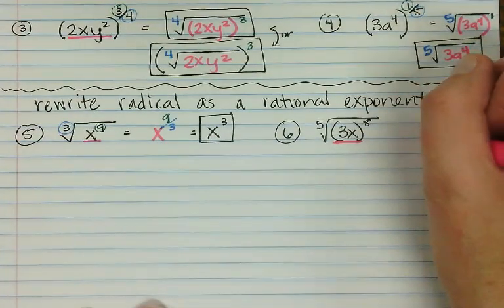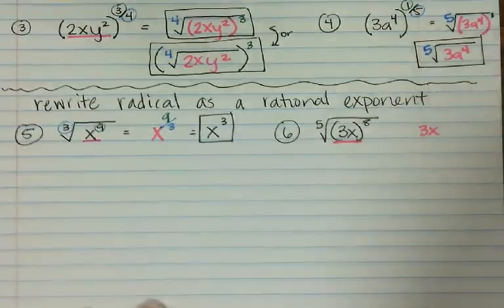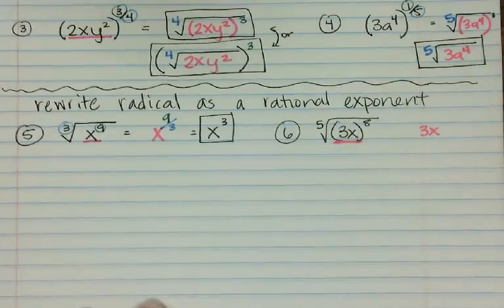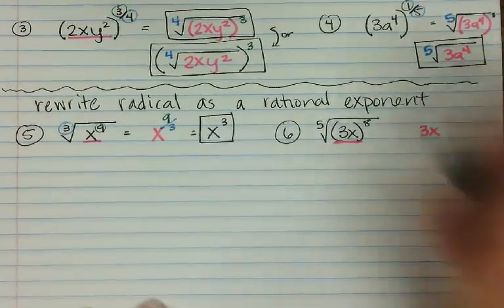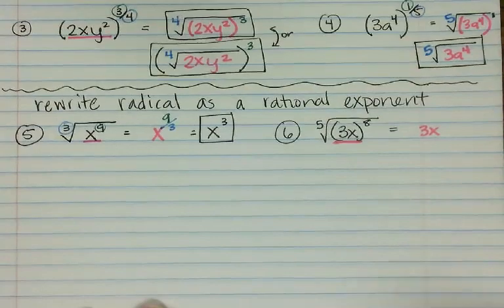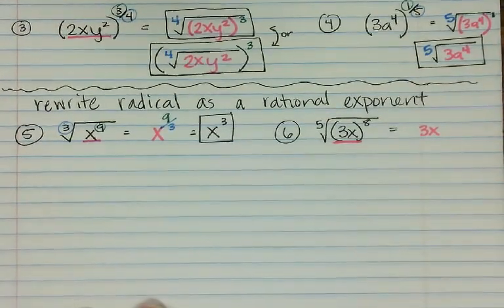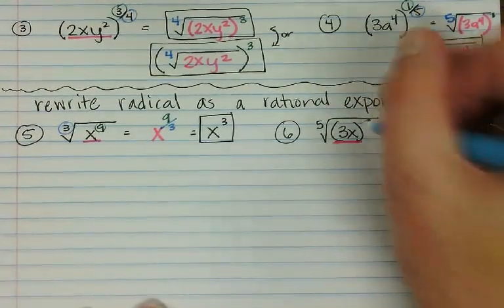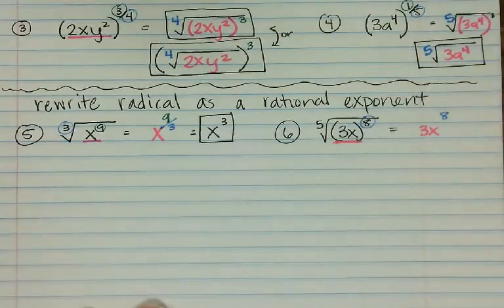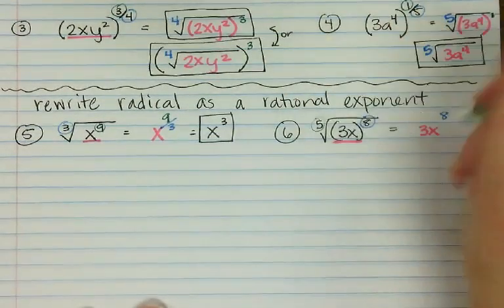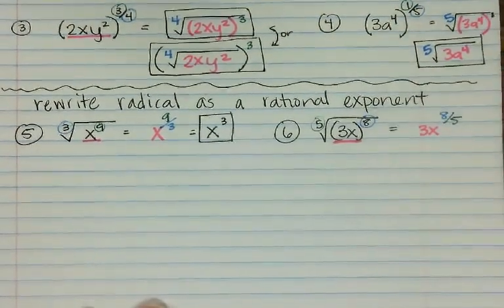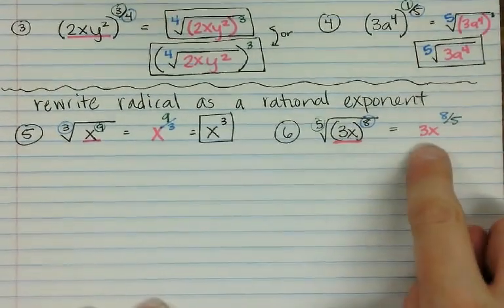All right, guys? So this becomes 3x. That is my new base. And then what is going to be the top of my exponent? What's going to be the numerator of my exponent? 8. Perfect. So that becomes 8. And the denominator of my exponent is 5. That's all I'm asking you guys to do.